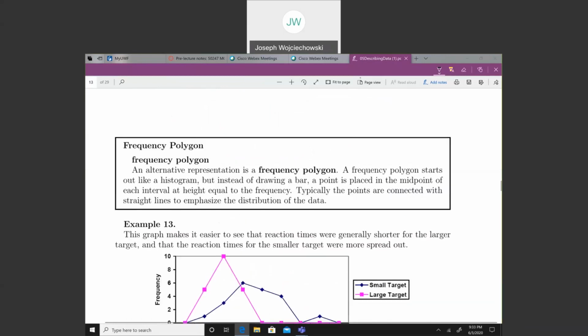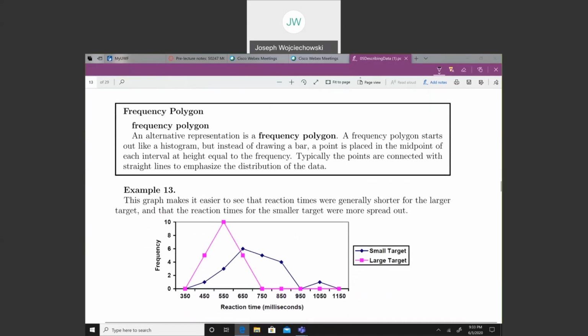But you could also use something called a frequency polygon. An alternative representation is a frequency polygon. A frequency polygon starts out like a histogram. We have our frequencies over here. We have our number line, which is reaction time in this case, here.